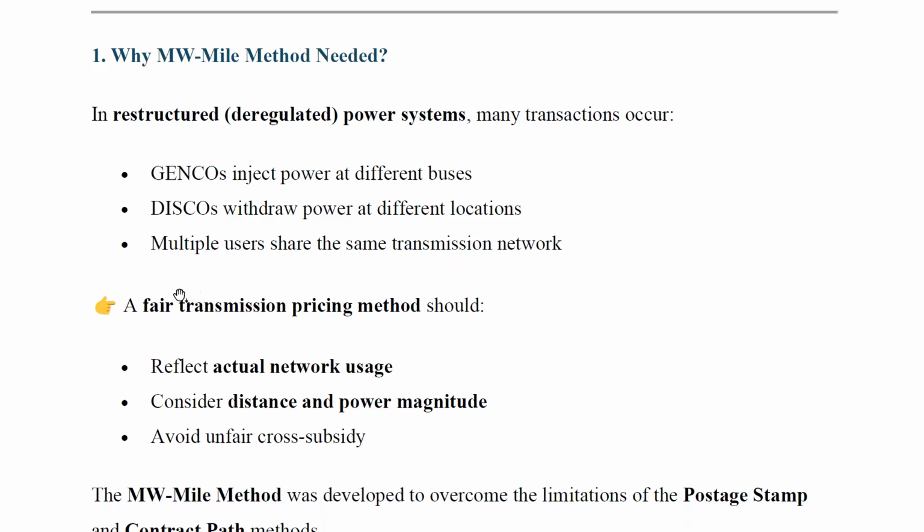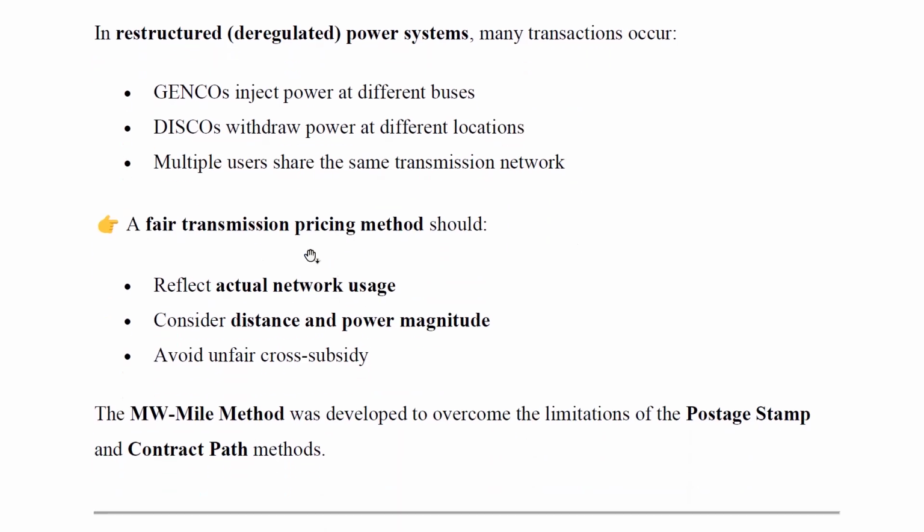A fair transmission pricing method should reflect the actual network usage, and it should consider the distance as well as the power magnitude, and also avoid unfair cross subsidy.